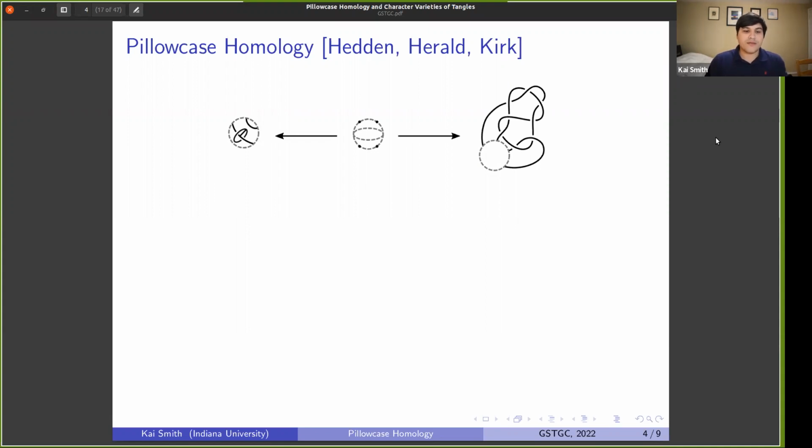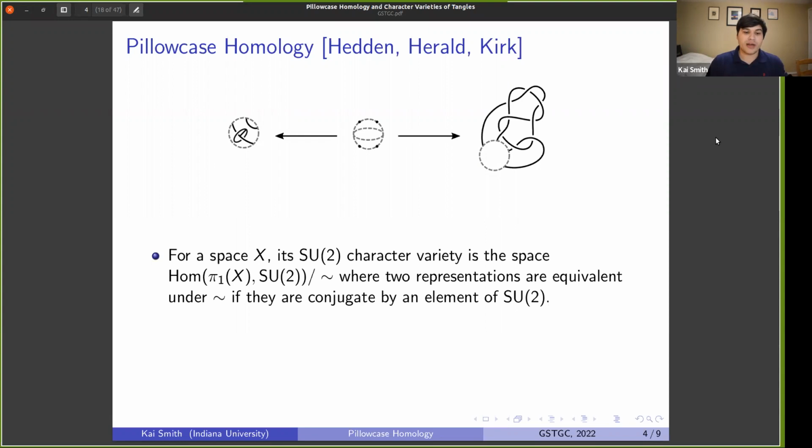And now for each of these spaces, the two tangle complements and the 4-punctured two-sphere, we want to associate to it a new space called the SU2 character variety. So for any space X, the SU2 character variety is the space of homomorphisms from pi1 of X to SU2. And we're going to mod out by the relation that two representations are equivalent if they're conjugate by an element of SU2.